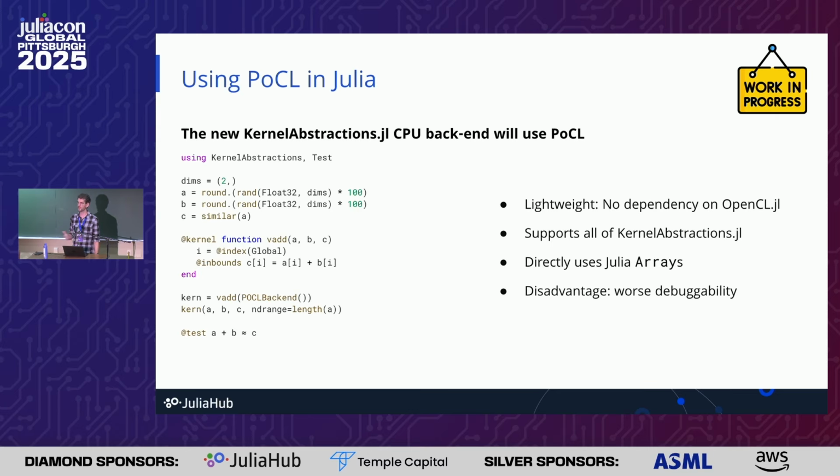So you cannot do dynamic invocations anymore. You cannot trigger the garbage collector anymore. This was something that was possible with the old CPU backend. The new CPU backend has to stick by the rules of the other GPU backends. But to some extent, that's a good thing because you can develop code, you can test it on CI, and if it works on CI, you know that it will work on the other GPU backends as well. So disadvantage, that may be an advantage as well.